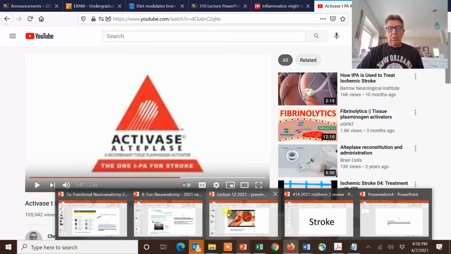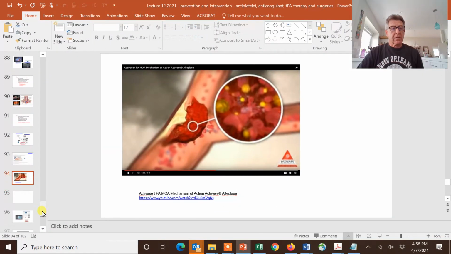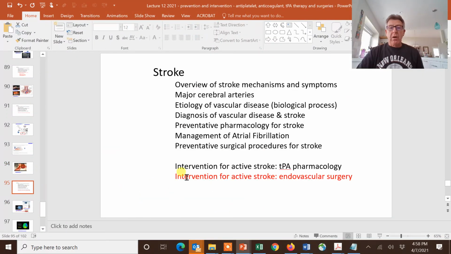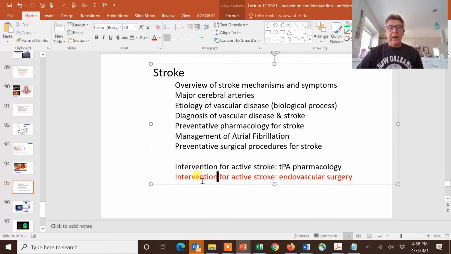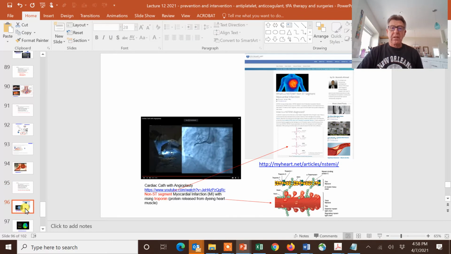So we're almost done here, guys. So that is intervention, right? What else do we have? You can have an active stroke or heart attack and do endovascular surgery, all right? Remember, with this, you're going to have catheterization, okay?